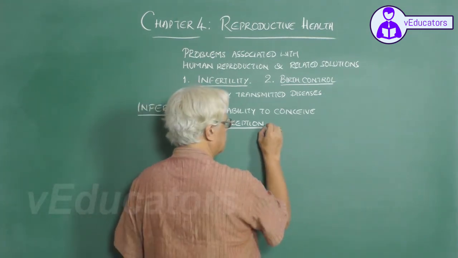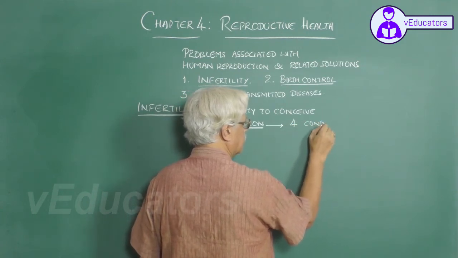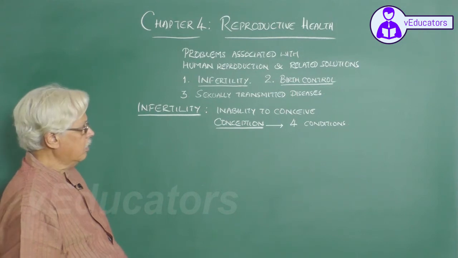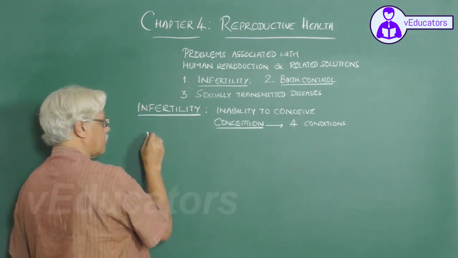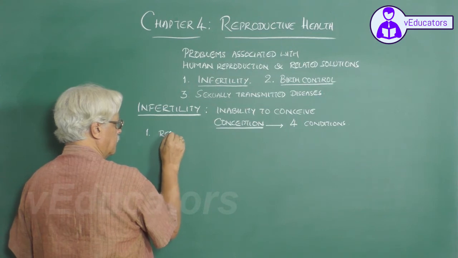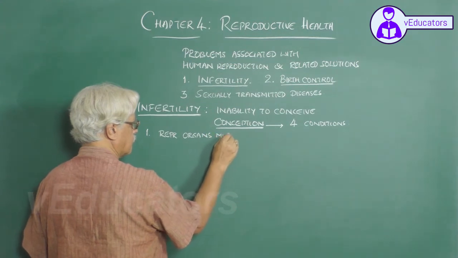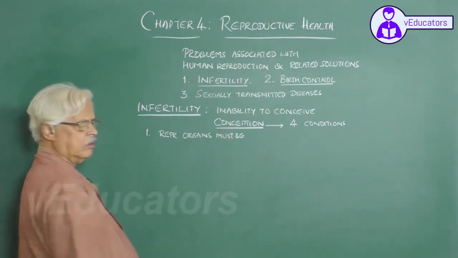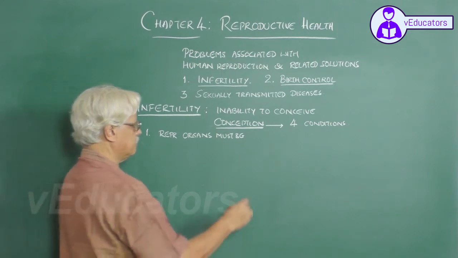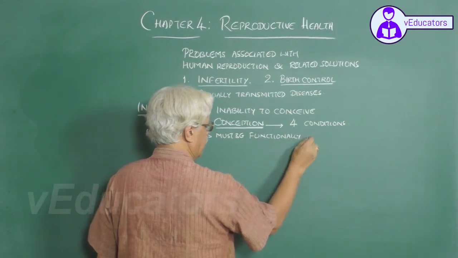If conception has to take place, there are four important conditions. One is that the reproductive organs must be functionally and anatomically well developed.